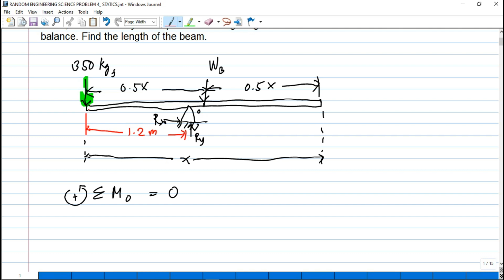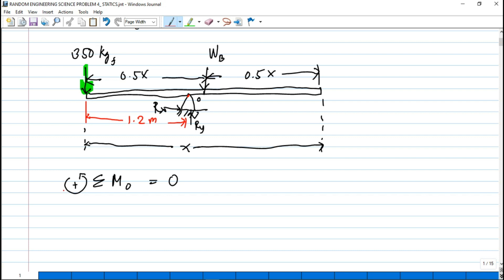Okay, so if this is your force, 350, it tends to rotate about this point. Kung ma-imagine natin, if this pushes here, iikot yung ating beam at a counterclockwise direction. Therefore, yung moment ng 350 kilogram force about this fulcrum is actually a positive moment kasi iikot siya dito at a counterclockwise direction. Since ang assumption natin counterclockwise positive, this is a positive moment.